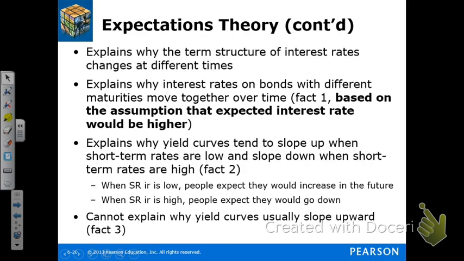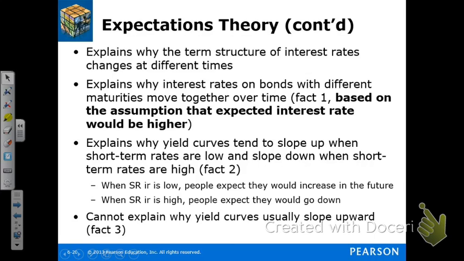Meaning that you are looking at short-term interest rates going up today, you form a naive expectation that in the future, the short-term interest rates will continue to rise. Right? So this is based on this assumption that expected interest rate would be higher in the future based on current observation. In chapter 7, we are going to call that rational expectation.